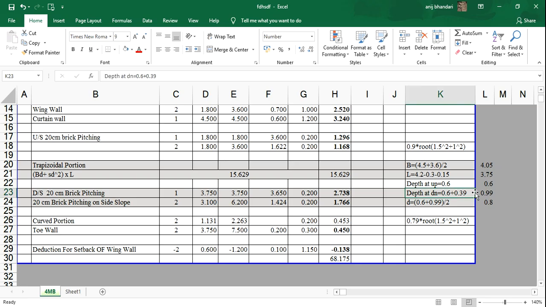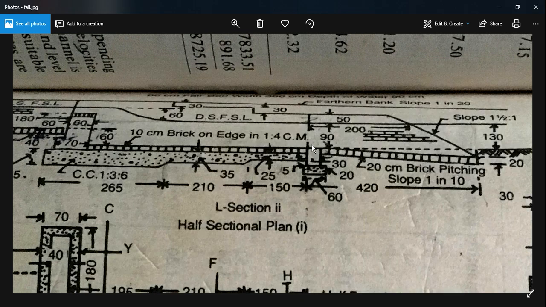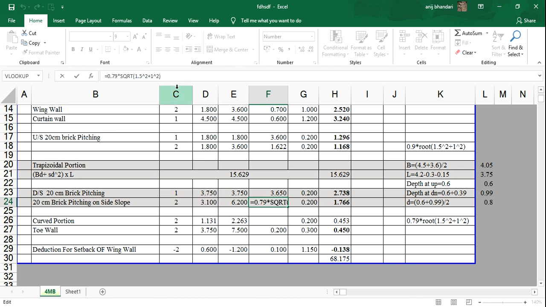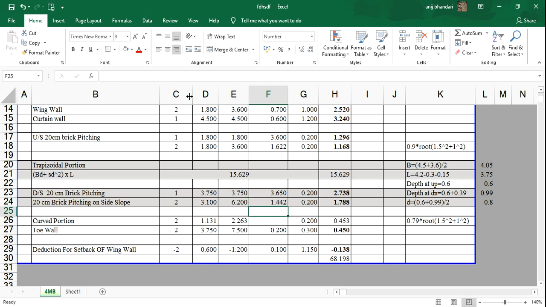Hence we did 0.39, and 0.39 plus 60 would give 0.99. So the depth is equal to 0.8. So we will put here the depth is equal to 0.8. Length is clear.